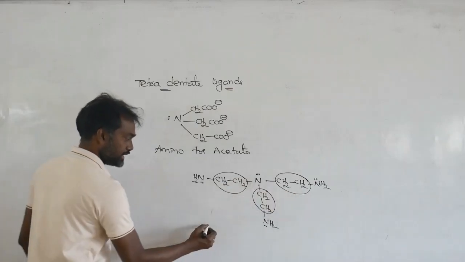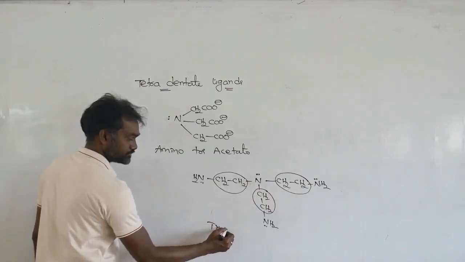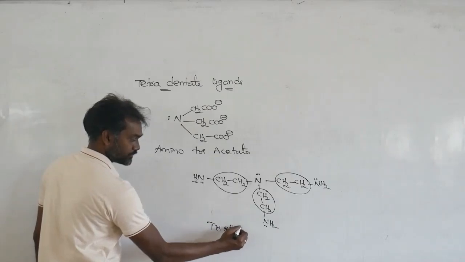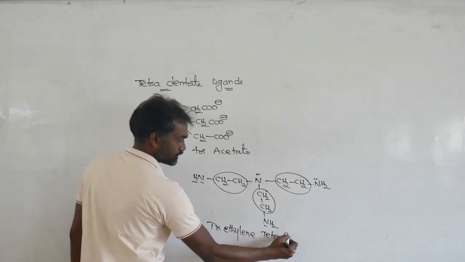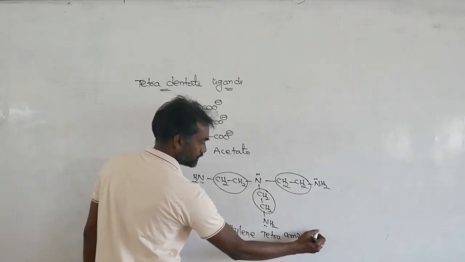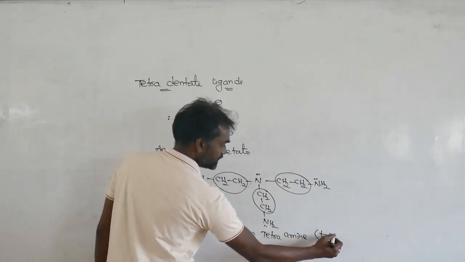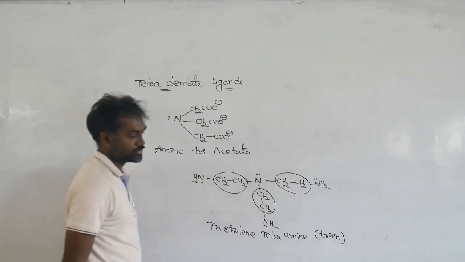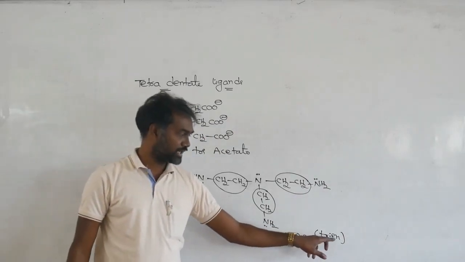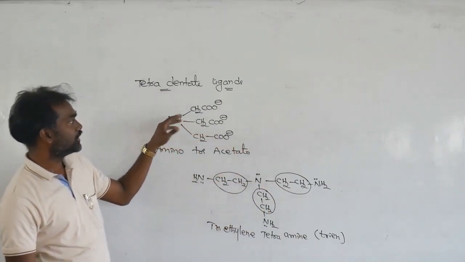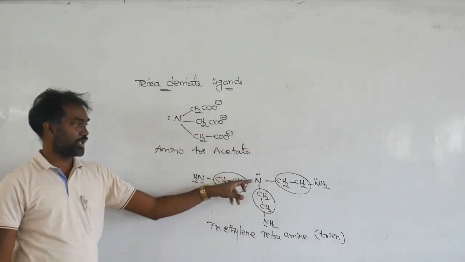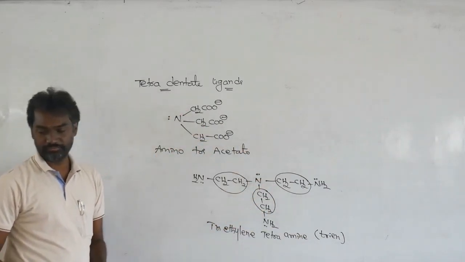So triethylenetetraamine is represented as trien. So these are the 4 donors, so tetradentate.